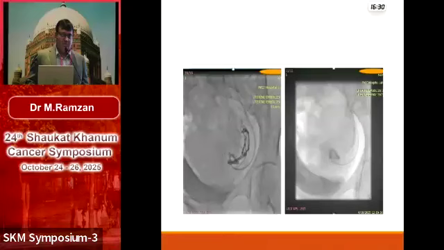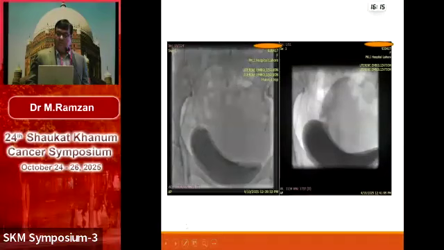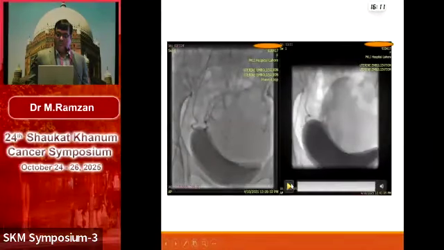Sometimes video doesn't work, so that's why I have the static images. There's another case of fibroid embolization, catheter in. It's pre-embolization, and then this is the post-embolization complete stasis.